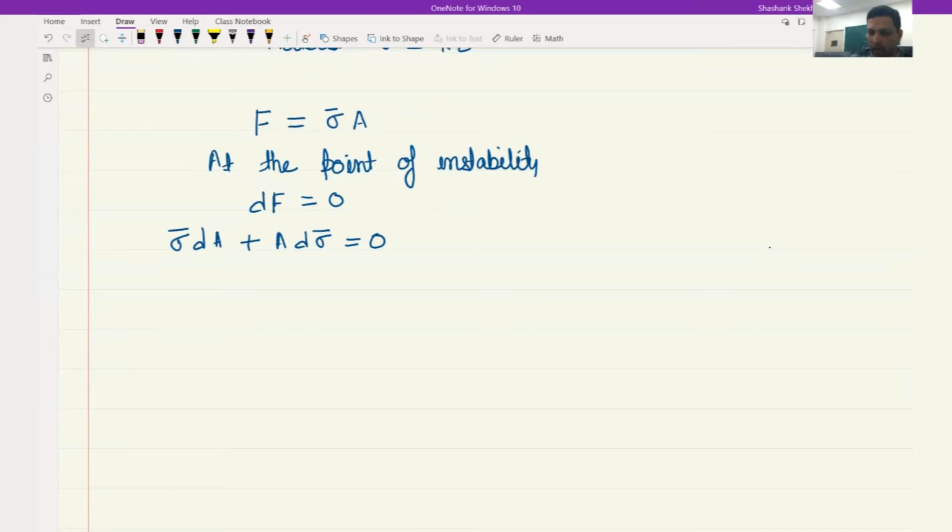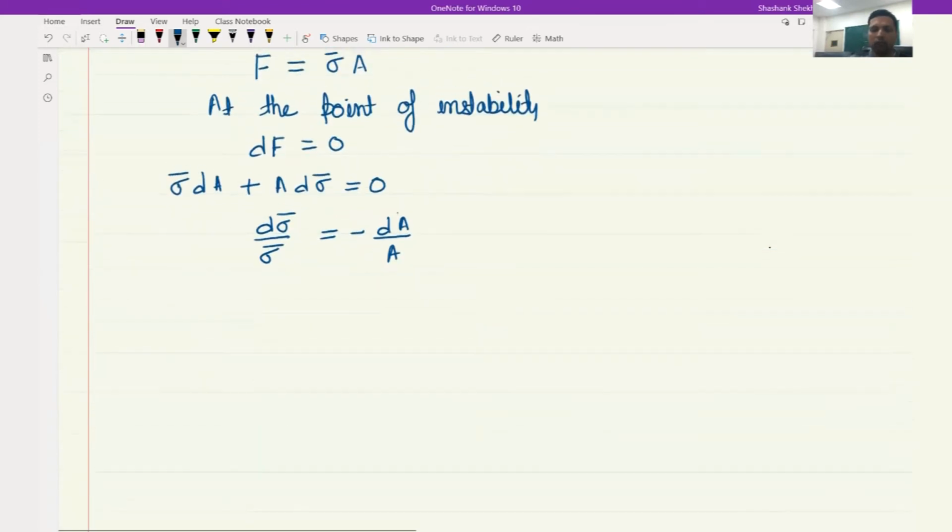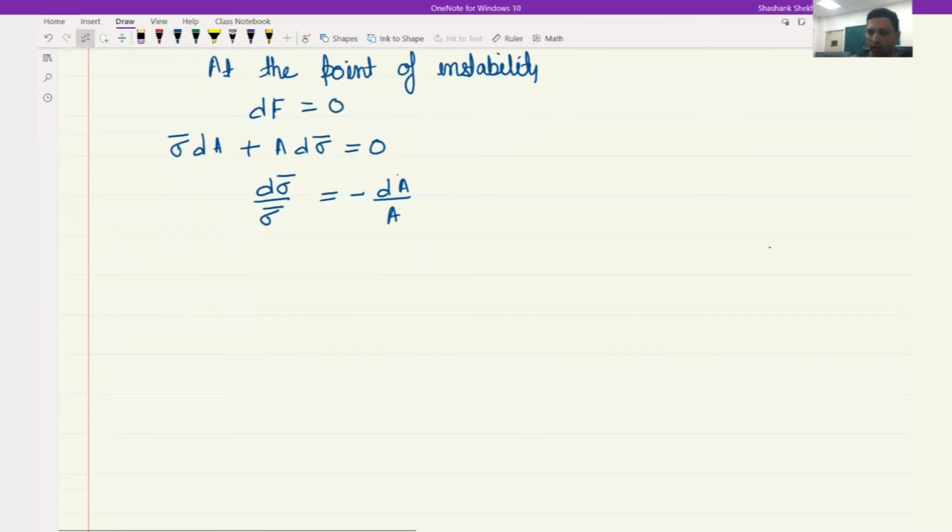Now if we rearrange it, we will find that d sigma by sigma bar is equal to minus dA by A. But for uniaxial condition, because of the volume constraints, dL by L is equal to minus dA by A, which is equal to the differential strain.